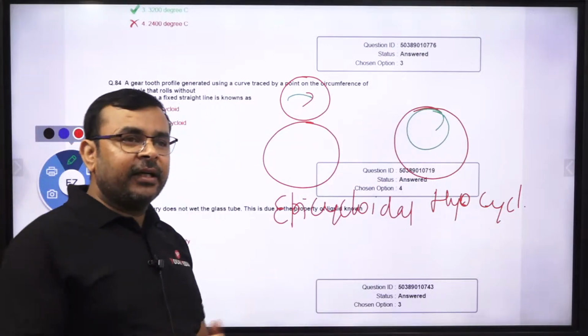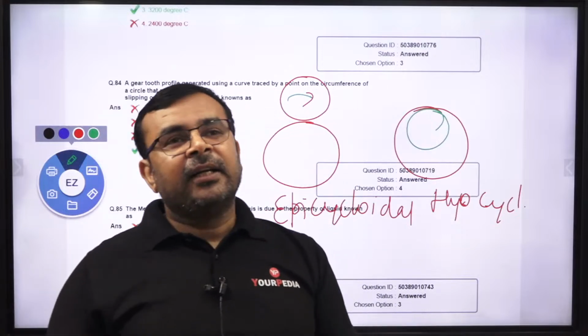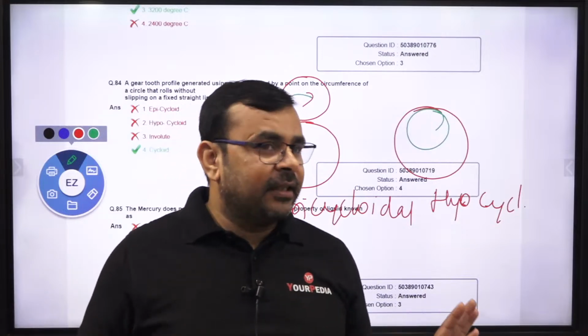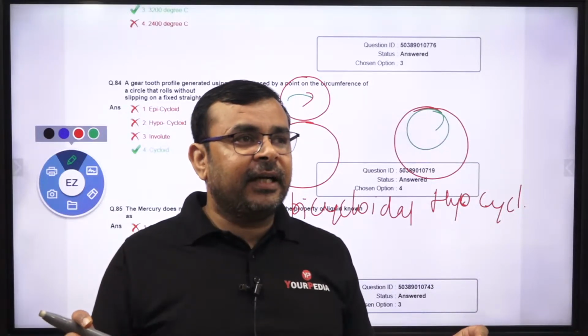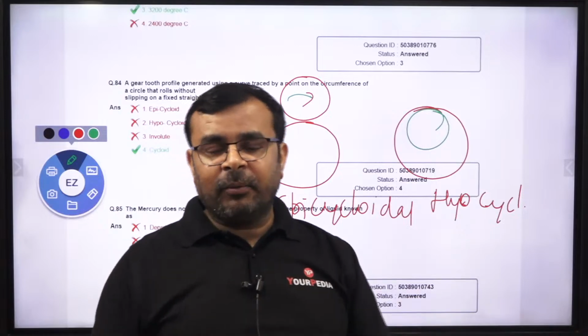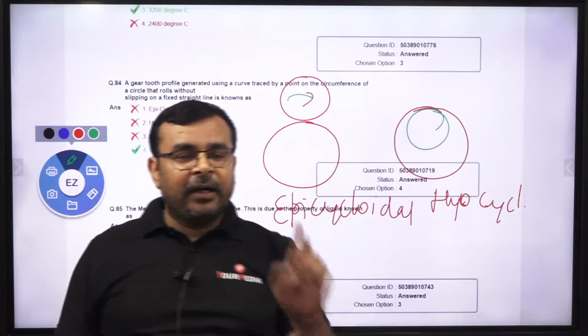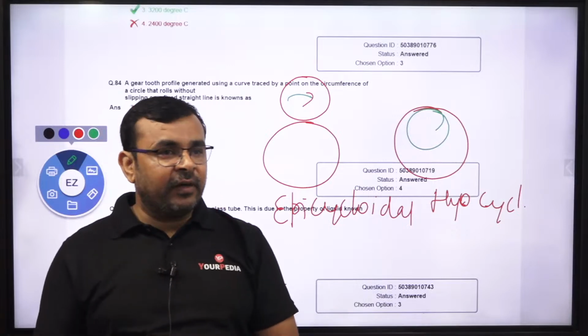In the cycloidal profile there is no base circle, and everywhere we have an interference free zone. In the cycloidal profile there is never any interference, but here we have demerits. First, it is difficult to manufacture.